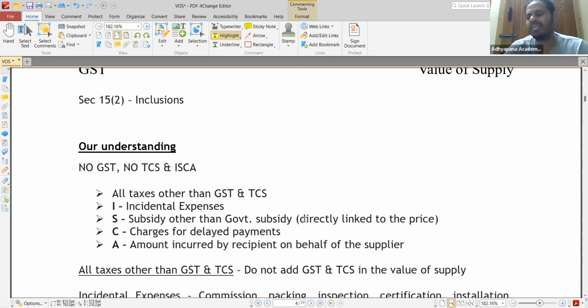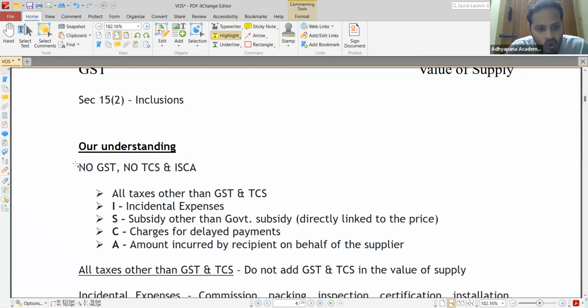15.2 is nothing but inclusions. They're telling what has to be included. Basically, I give notes with respect to our understanding. In this class, we will study in my method, in which I make you understand easily.